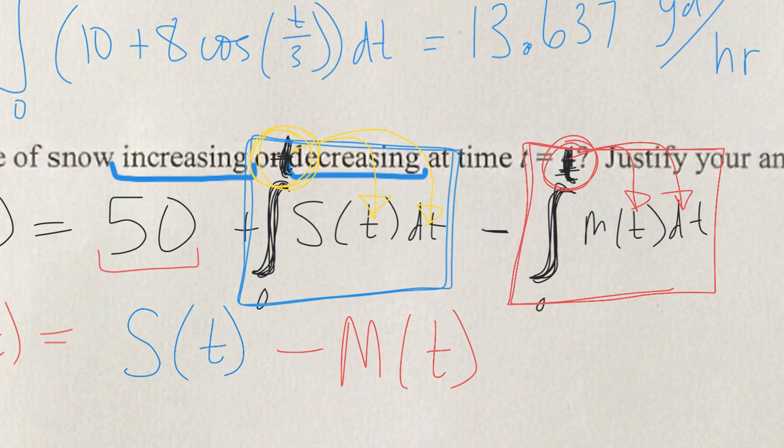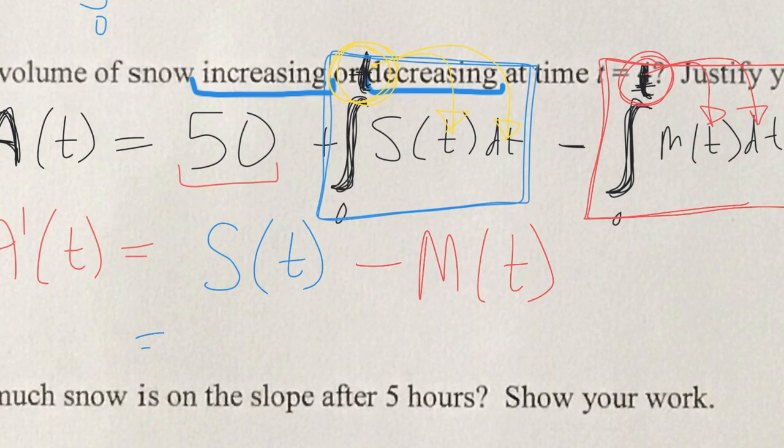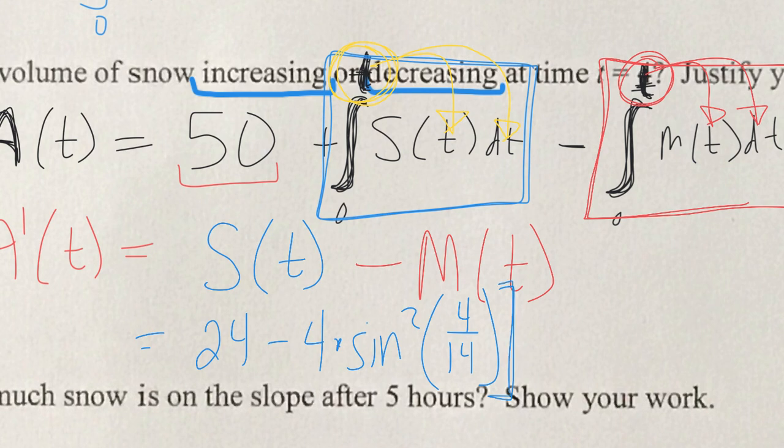So let's see what we have. Your s function, your adding snow function, was 24 minus 4 times the sine squared of 4 over 14, evaluated when t equals 4.